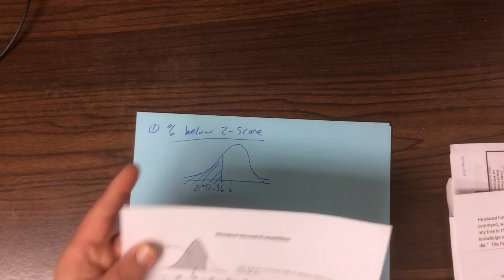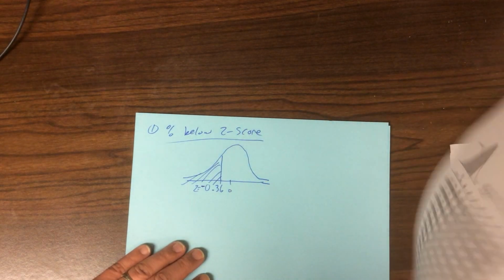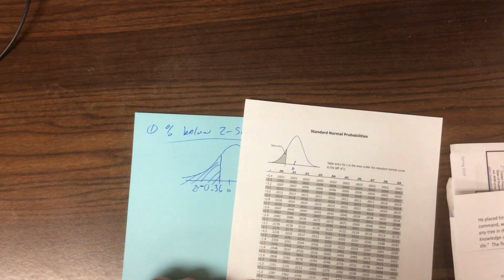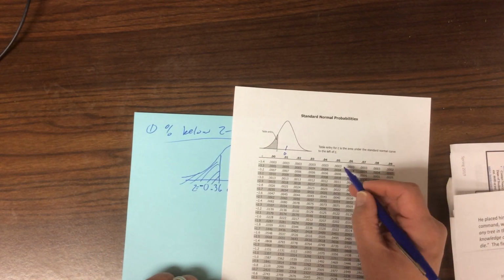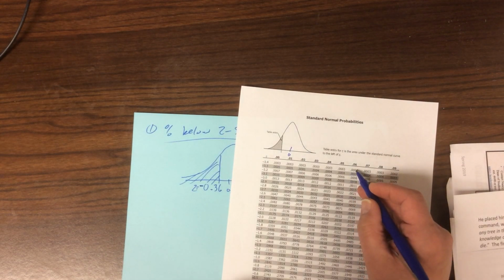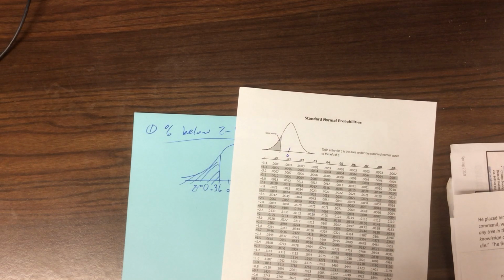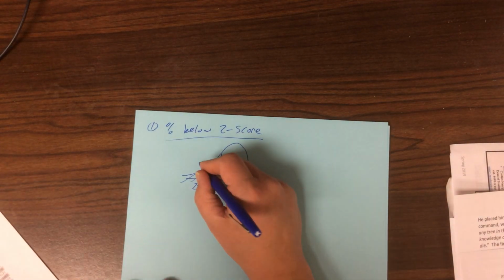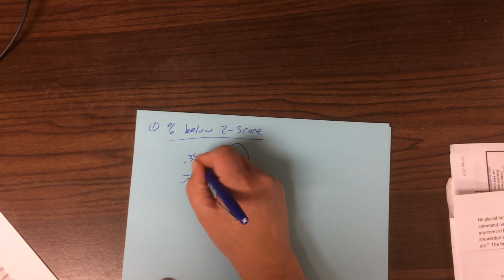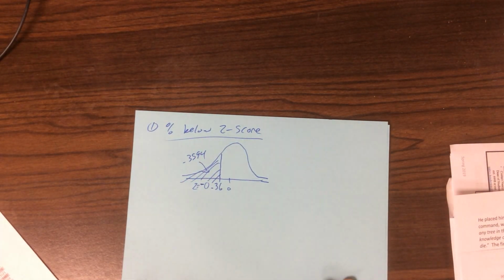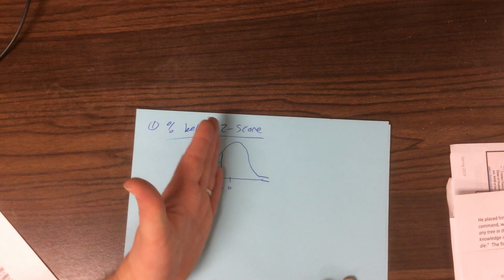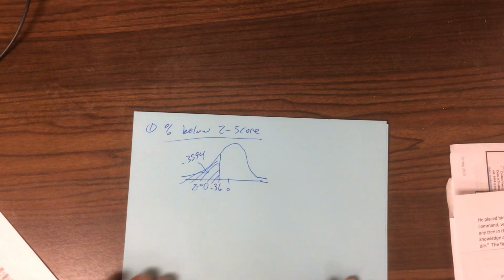How do you do it? Well, you look up on the negative side, 0.3, 0.06, and where these two intersect, you get the area 0.3594. That is the area below this z-score.